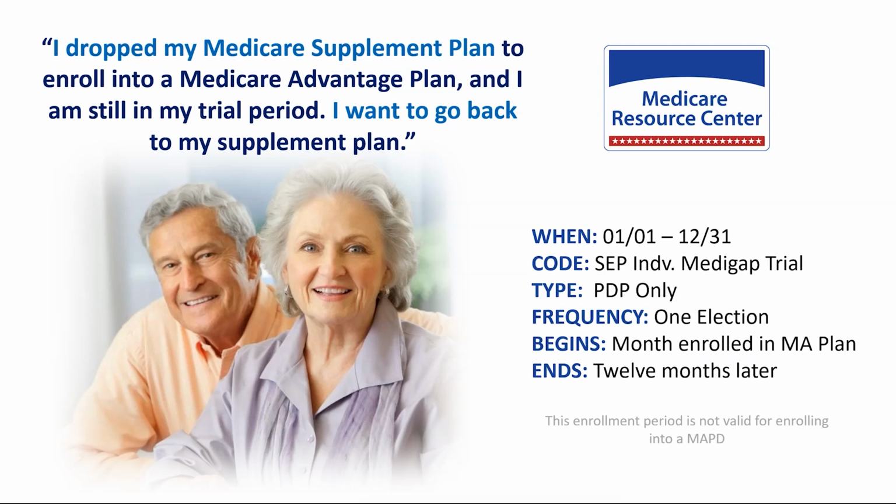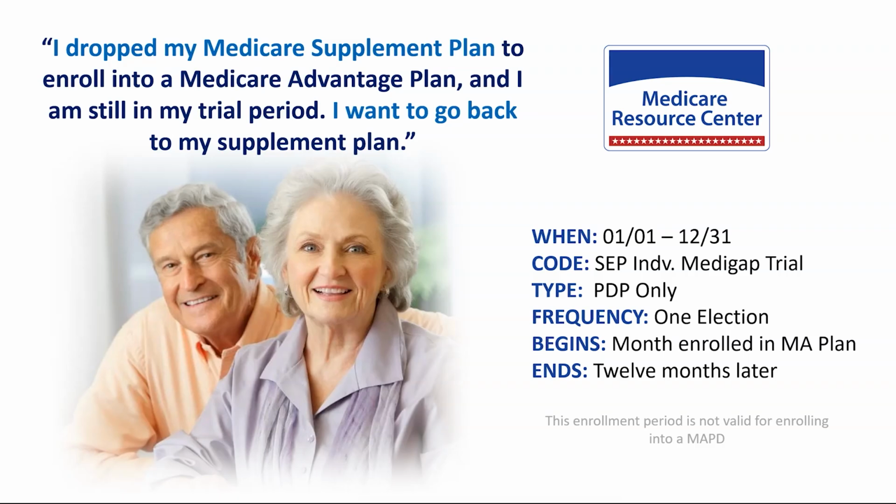If they've never been on an Advantage plan and they wanted to dip their toe into the water and try it, they are in what's called a trial period. If you're taking somebody off of a Medicare supplement and putting them on an Advantage plan for the first time, that's a scary move, because what if I don't like this? Well, the good news is you have a full 12 months to change your mind.